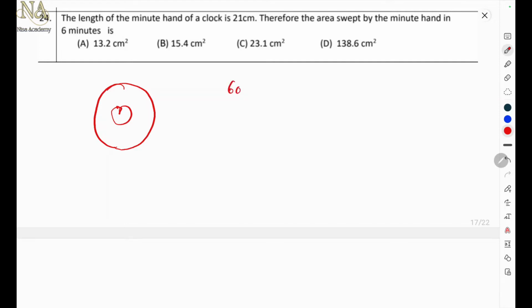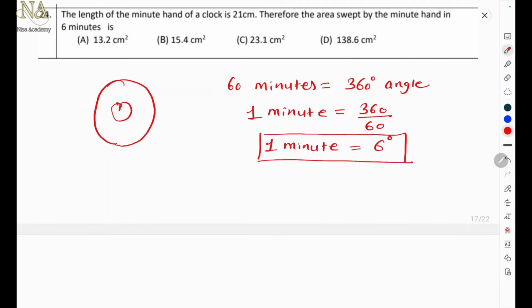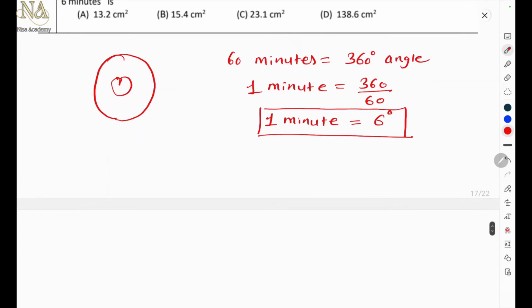So in 60 minutes it completes a total of 360 degrees. So in 1 minute, how much? Yes, 360 by 60, which is 6 degrees. So in 1 minute, the angle swept by the minute hand is 6 degrees. You remember this for clock problems. In 1 minute it will always complete a 6 degree angle.